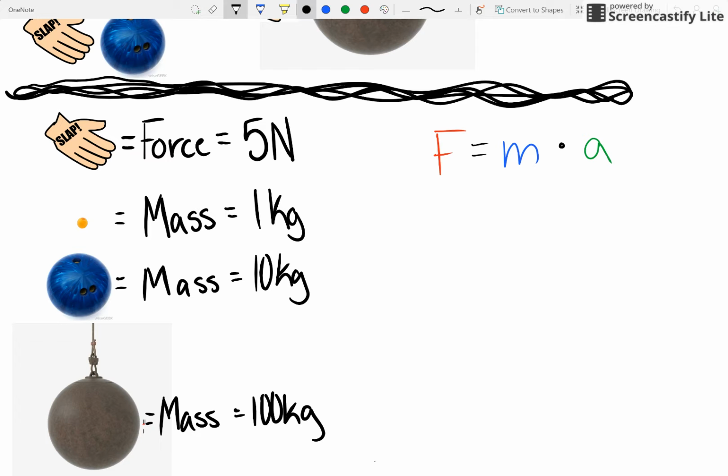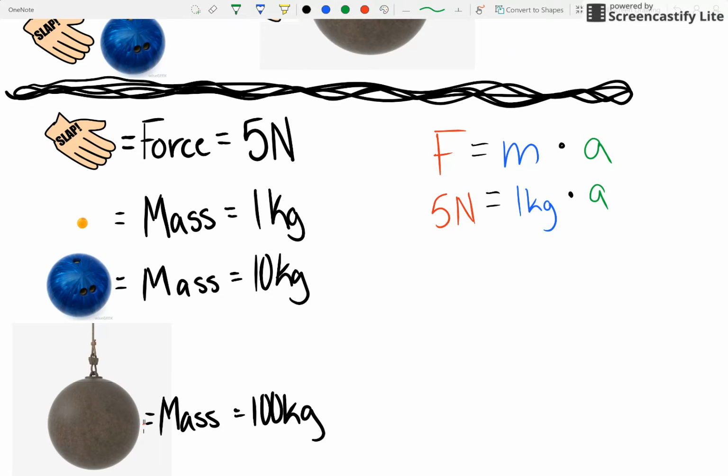So check this out. I've got force in newtons. I'll plug it in. It's 5 newtons. So that's all your might. And we have the mass of the ping pong ball. We can plug that in, which happens to be 1 kilogram. And we want to know what the acceleration is. We can do that.